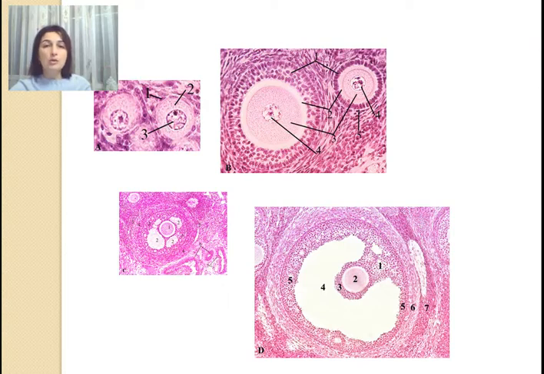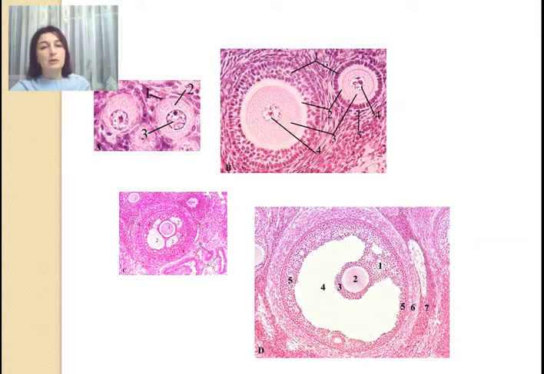At birth, inside the ovary of the female newborn child, there will be approximately 1 to 2 million primordial follicles.